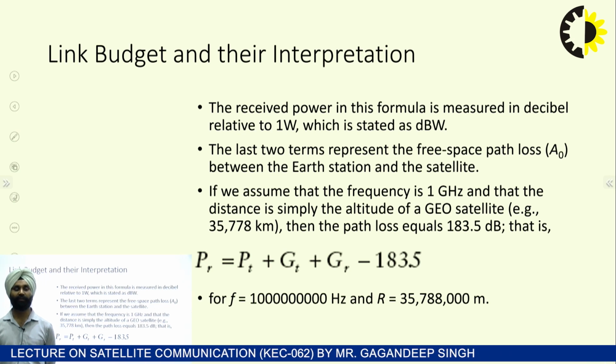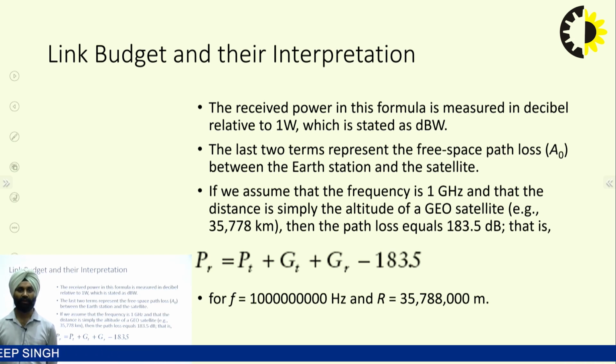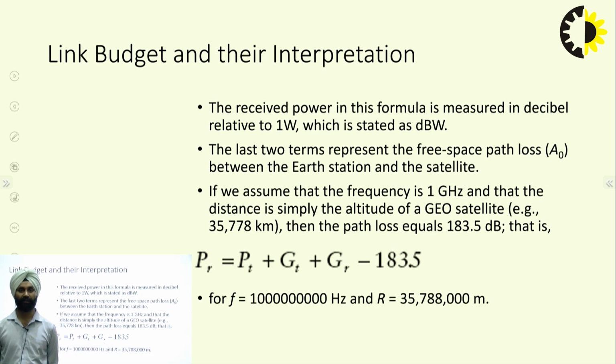If we assume that the frequency is 1 gigahertz and, for simplicity, the distance is that of a geostationary satellite, approximately 36,000 or 35,786 kilometers, then the path loss in dB will be 183.5 dB. So the complete equation is PR equal to PT plus GT plus GR minus 183.5 dB.